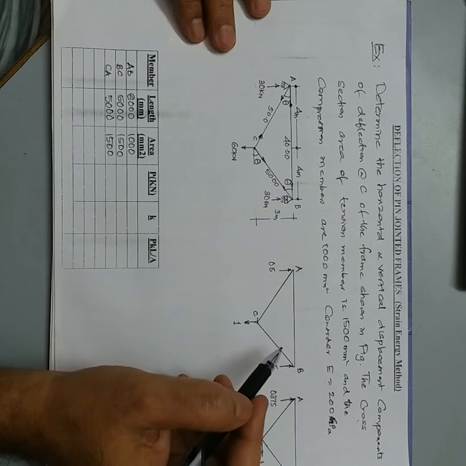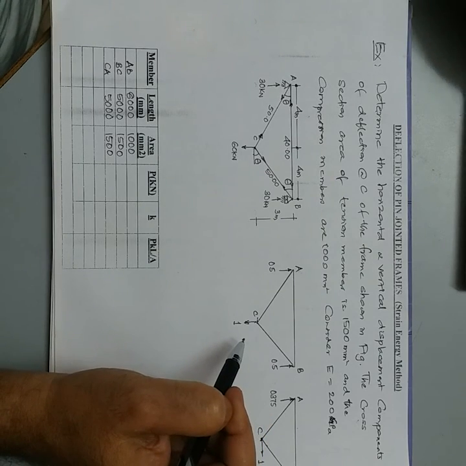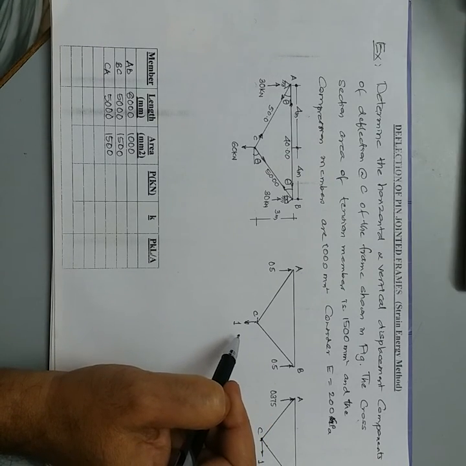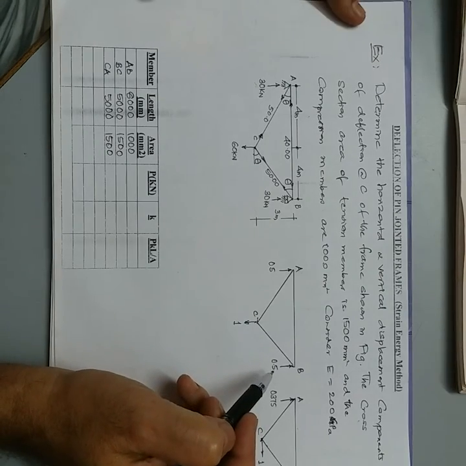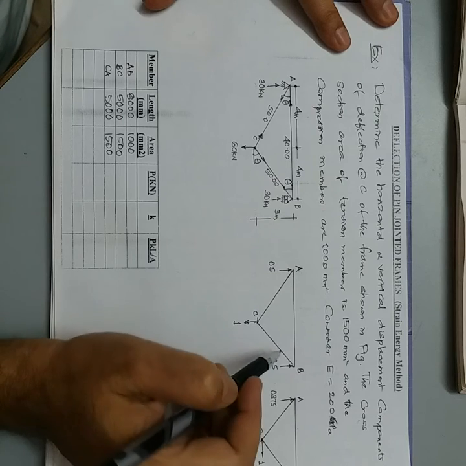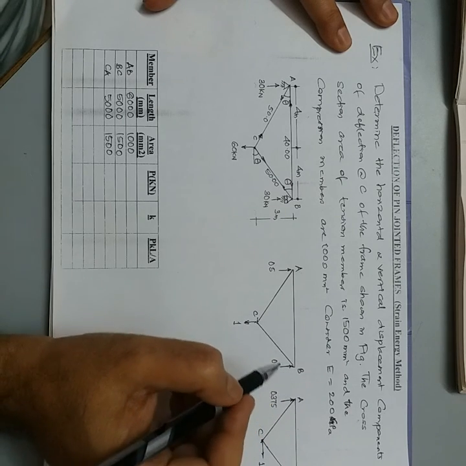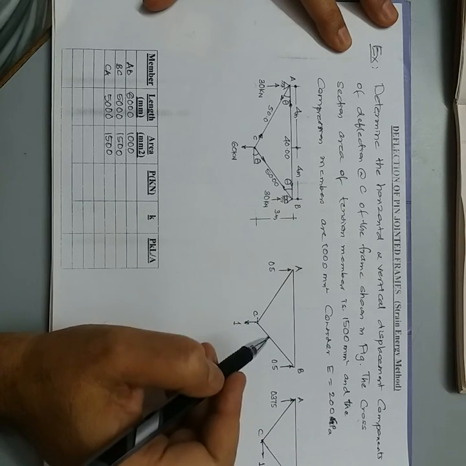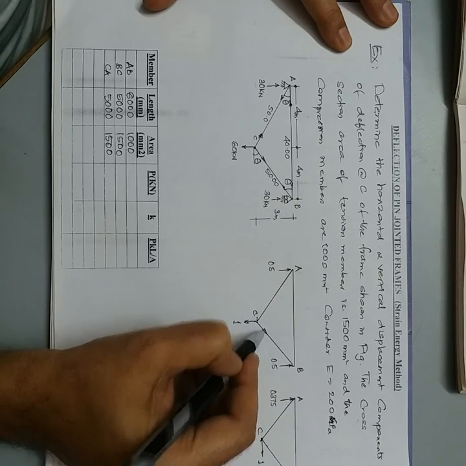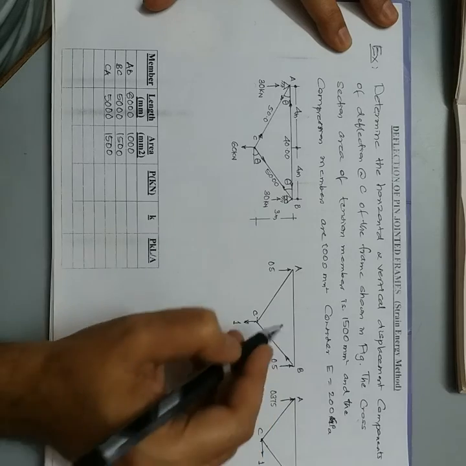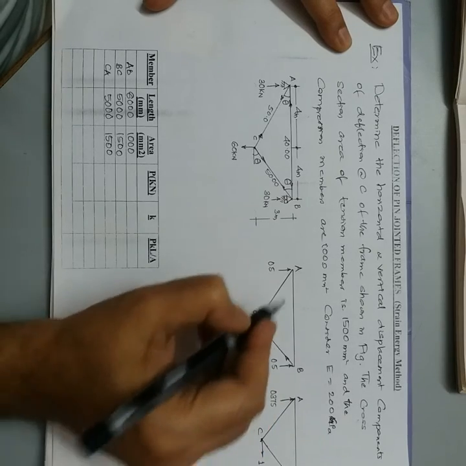To find the vertical deflection, let us apply unit load at C, that is 1, and the reactions will be again 0.5 and 0.5 because it is symmetrical. Then force in the member BC will be again tensile and AC will also be tensile.